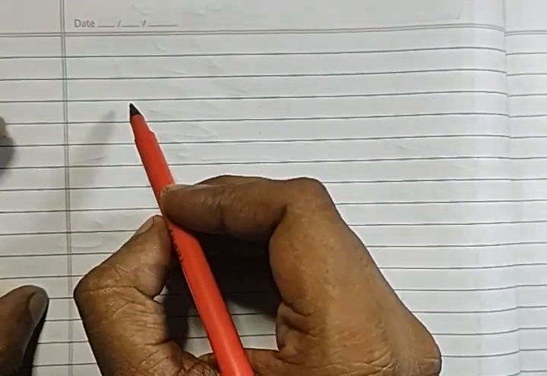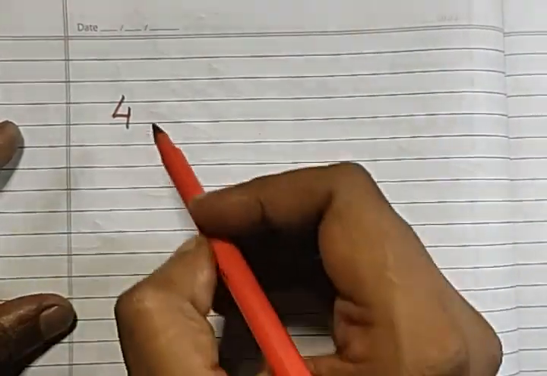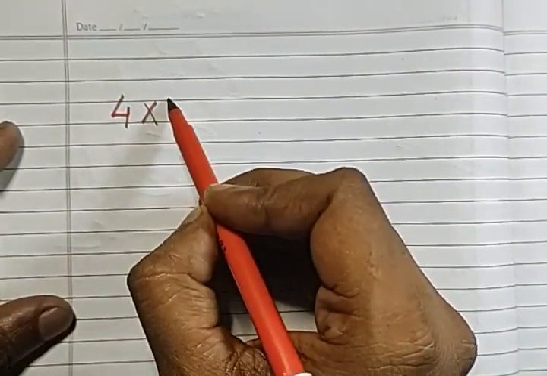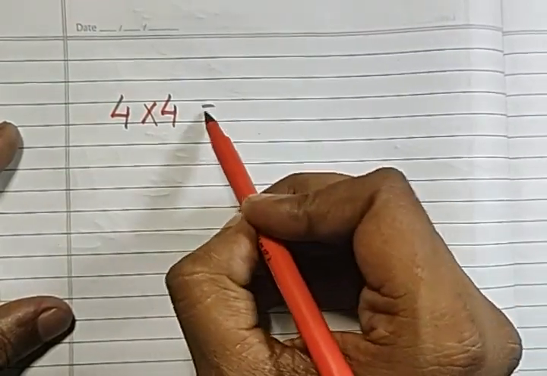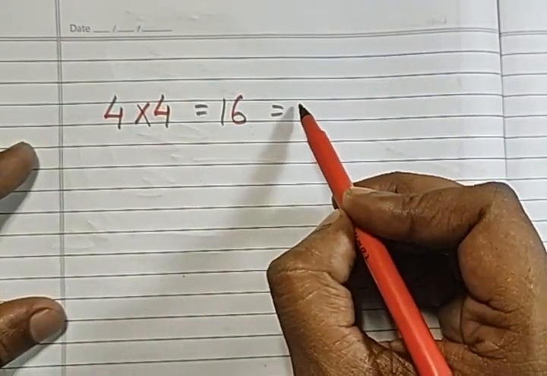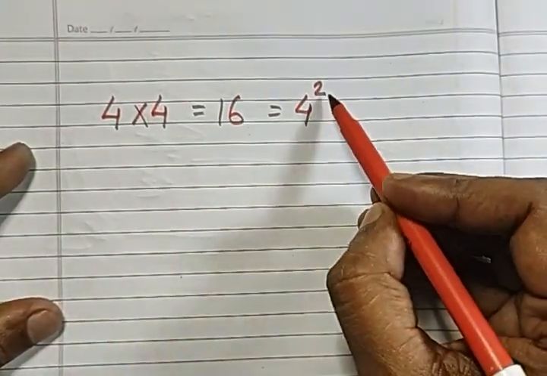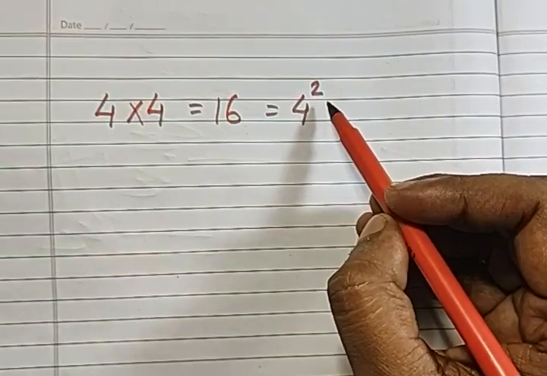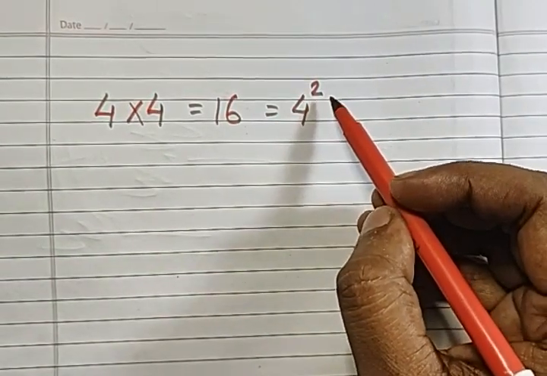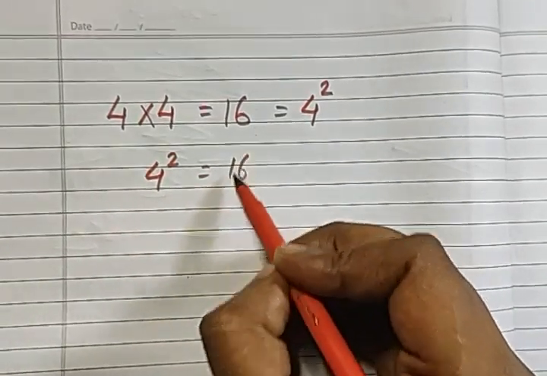So, suppose we have a particular number, say 4. If we multiply this 4 with the same number 4, then we get 16. 4 times 4 is 16, which can also be written as 4 square, meaning 4 to the power 2. This is called a square. So, we can directly write the square of 4 is 16.